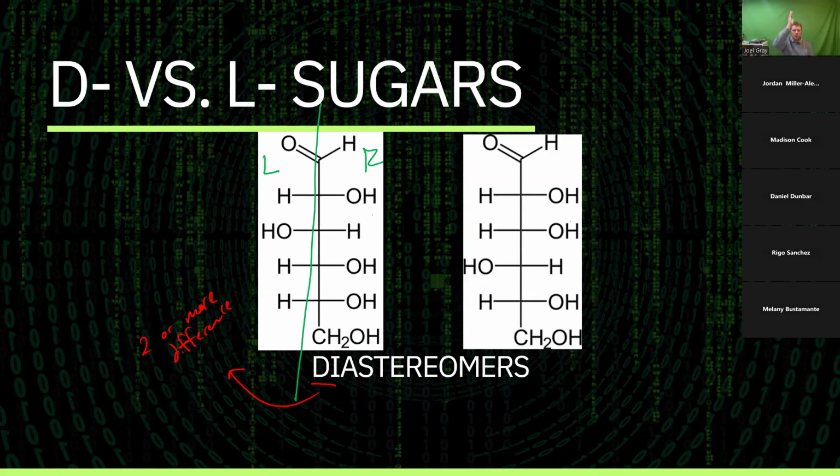I'm just looking at this linear structure straight down the middle, and I'm saying left-hand side versus right-hand side. So if you were to look at this molecule, carbon number 1, what does that tell us? That tells us we're talking about an aldose. Can you give me a 9 in the chat if you follow that and you understand that?